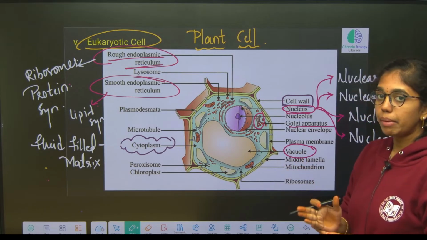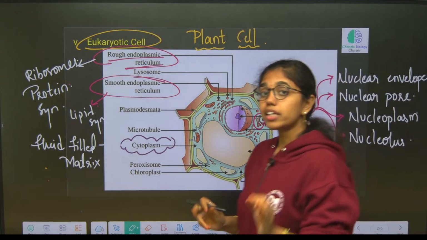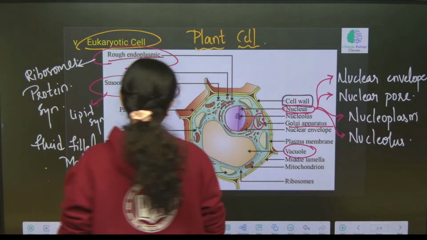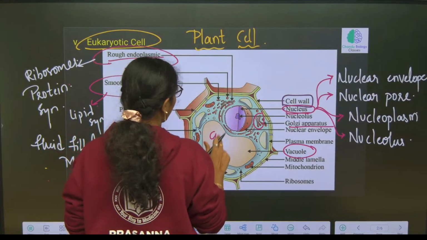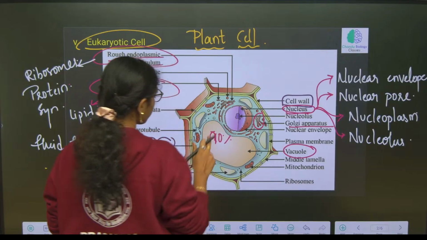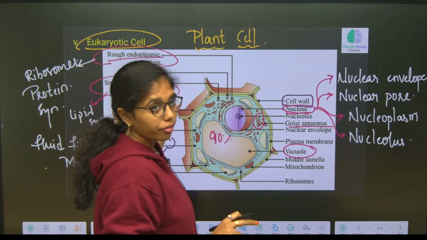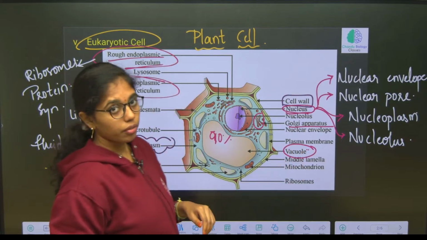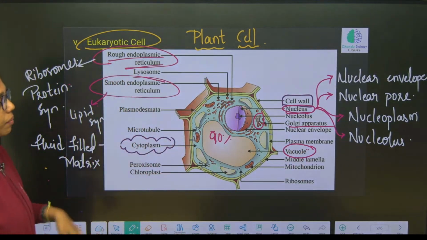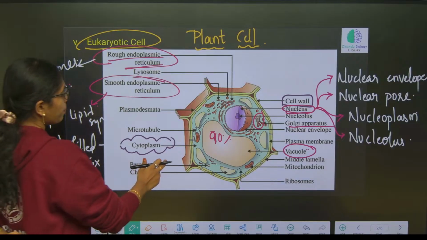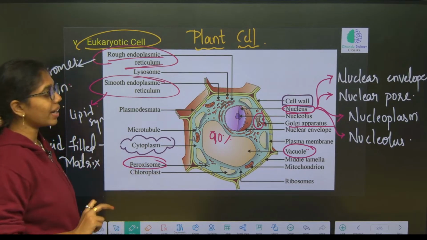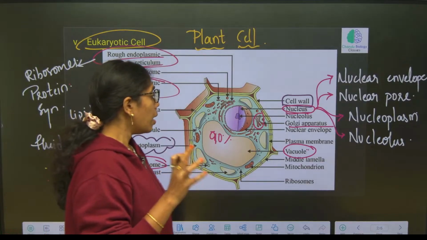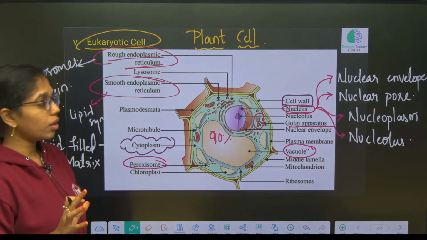These are single membrane bound organelles. Vacuole in a plant cell will occupy 90% of the plant cell's volume. Okay, 90% of the plant cell's volume is occupied by what? Vacuole. And then still among single membrane bound organelles, you can see peroxisomes, microbodies, present inside the plant cell. There is no centriole.